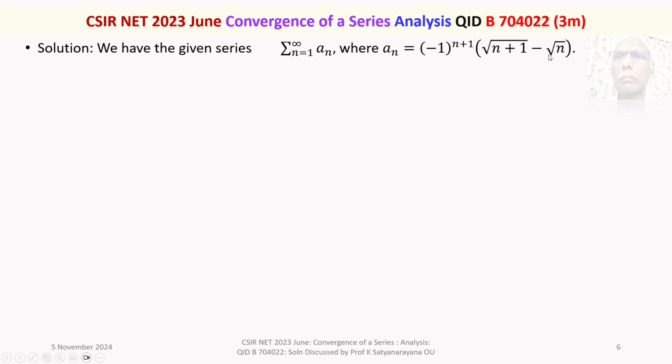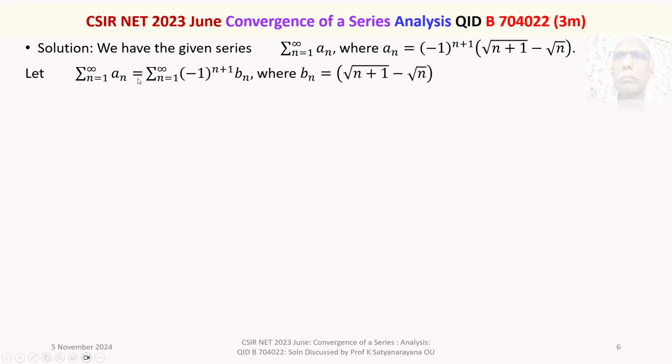Now, let us write sigma n equals 1 to infinity a_n as sigma n equals 1 to infinity (-1)^(n+1) times b_n, where b_n is square root of n+1 minus square root of n.